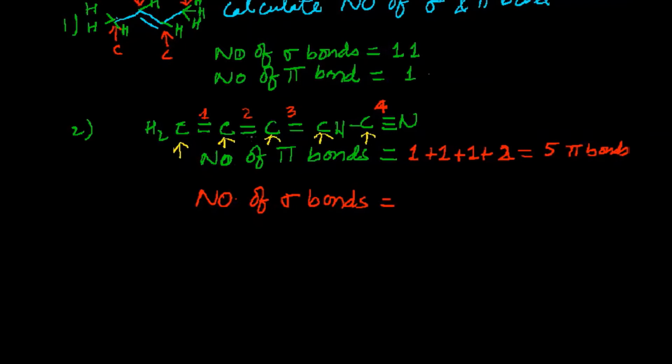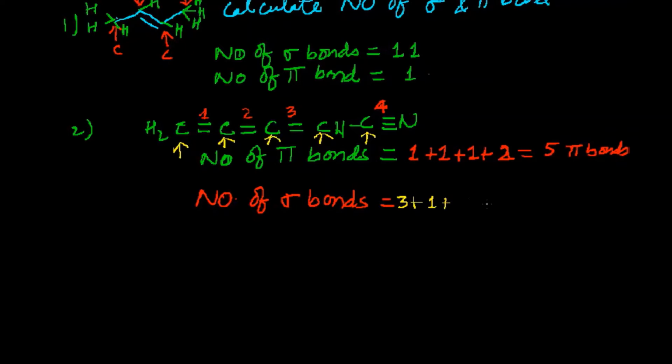In the very first case it has 2 hydrogens and with this 1 carbon, so it has 3, plus in this case, since 1 sigma bond is already shared with this one, we will have to count only 1 sigma bond for the second, so plus 1.